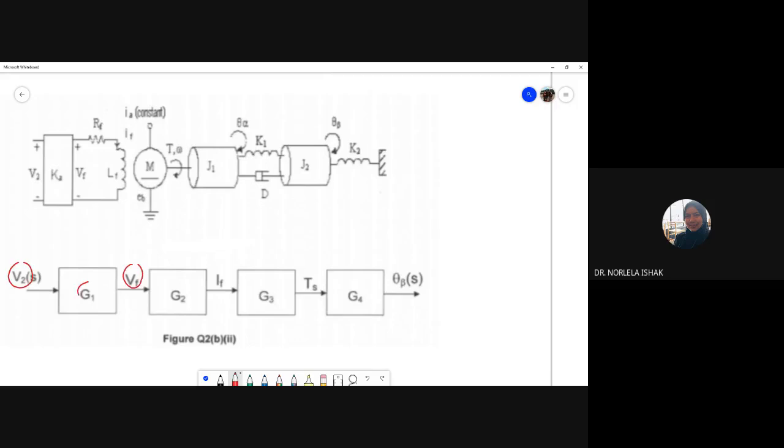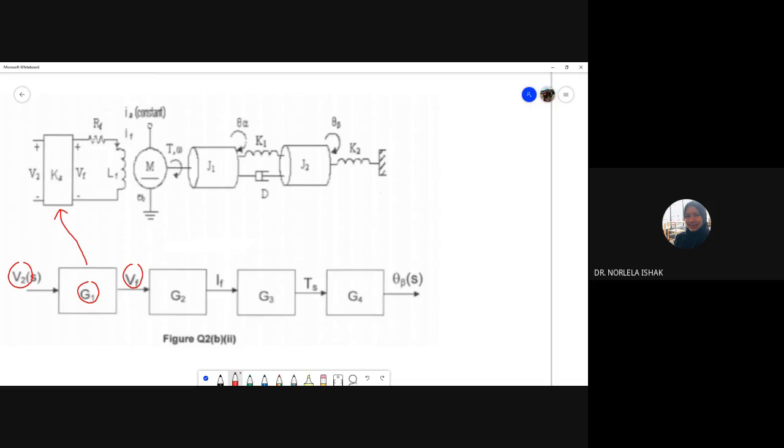So G1 represents which subsystem? Yes, good. G1 is from the amplifier. And how about G2?